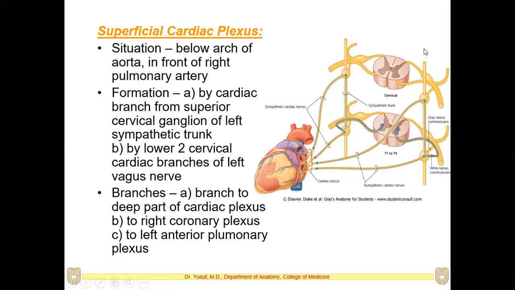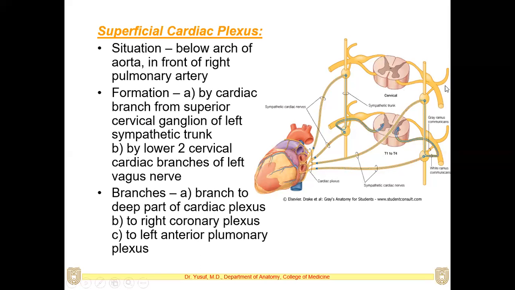There are two sympathetic trunks, right and left. So a cardiac branch comes from the superior cervical ganglion only of the left sympathetic trunk, and by the lower two cervical cardiac branches of the left vagus nerve. Both of these form the superficial cardiac plexus.